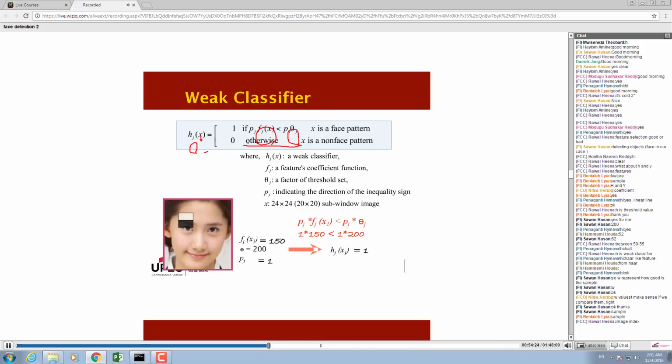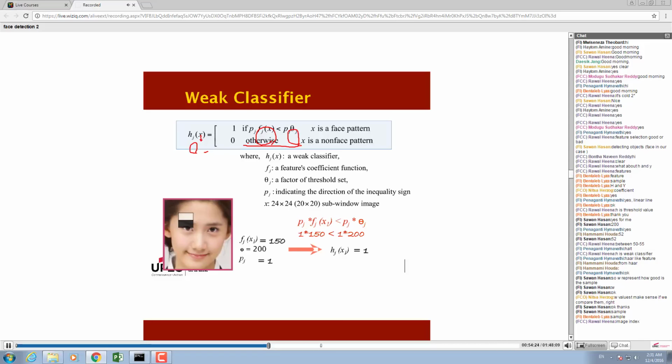The feature value is 150, for example. In the lower part of this slide, you can see the base image, and I applied one feature, the highlight feature. This is Fj. Its result, similar to our previous example, is 150.